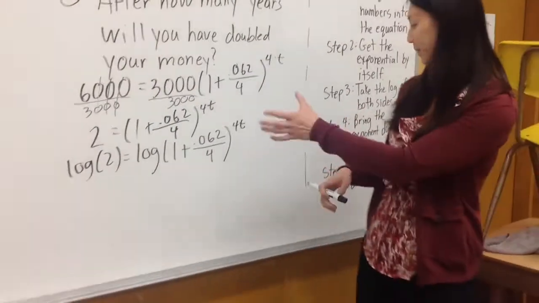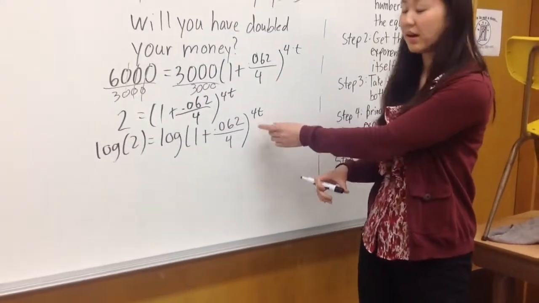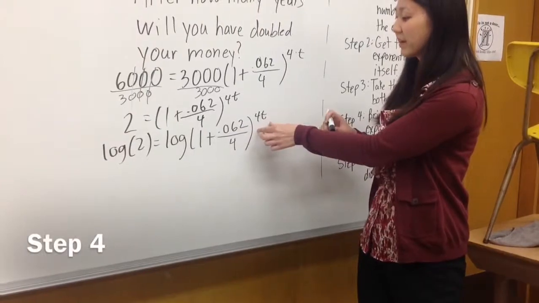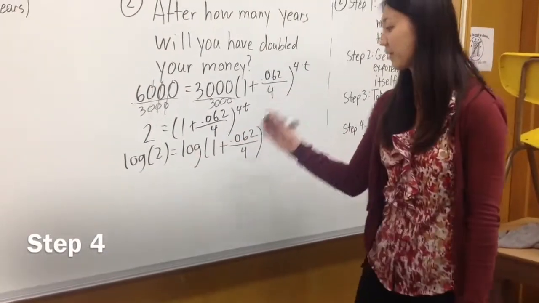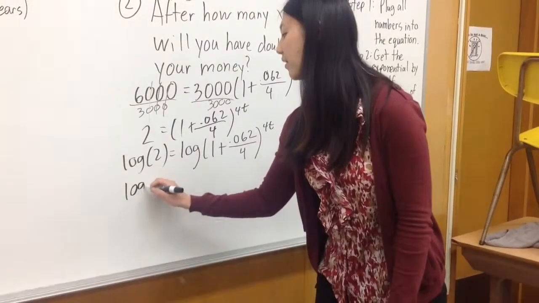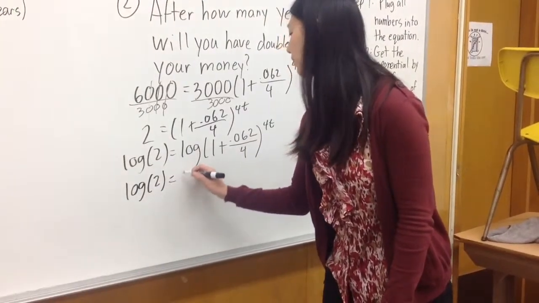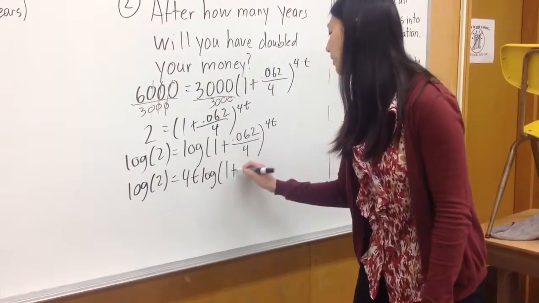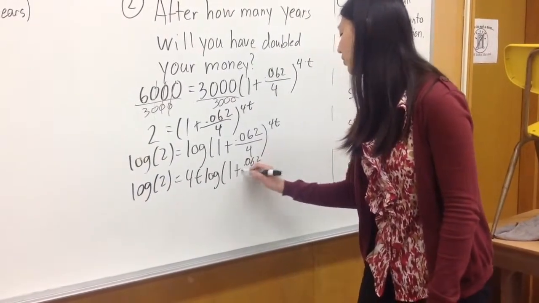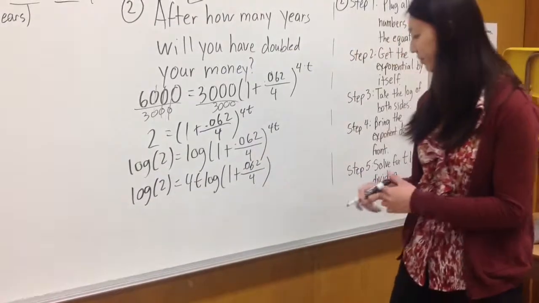We're now going to expand this with step 4. When we expand this log, we bring this exponent down in front and multiply it. So it looks like log of 2 is equal to 4t log of 1 plus 0.062 all over 4.